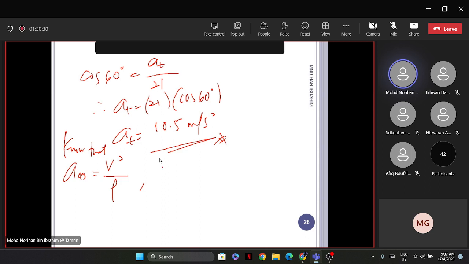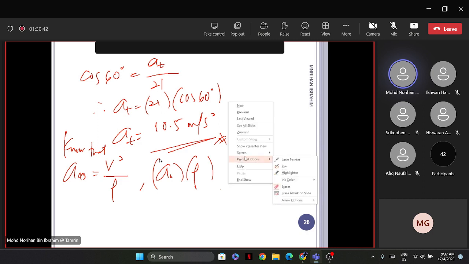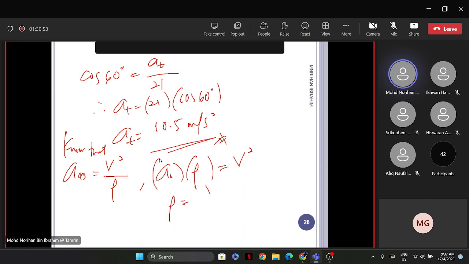If we rewrite this equation, AN multiplied with rho is equal to V square. Therefore, rho is equal to V square divided by AN.